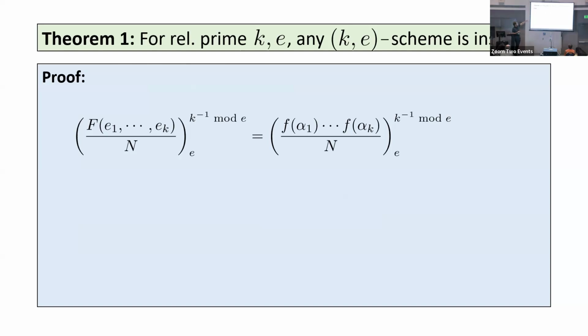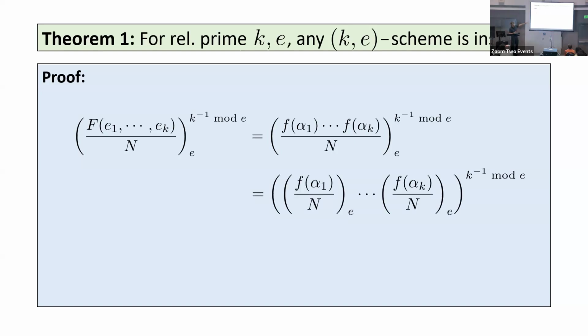Okay, and now here's how I decrypt. Knowing nothing but the public information, I compute this value F of these unknown roots, even though I don't know what they are. I compute the e power residue symbol, and then I take the whole thing and raise it to the k inverse mod e. Using the fact that the e power residue symbol is a homomorphism, first I break F out into the little f's, and now I factor it. And now I use the fact that f is the polynomial that you use to decrypt.